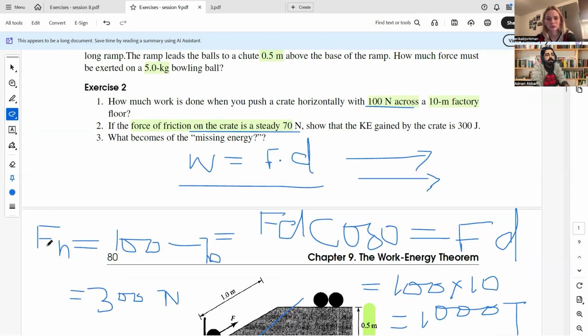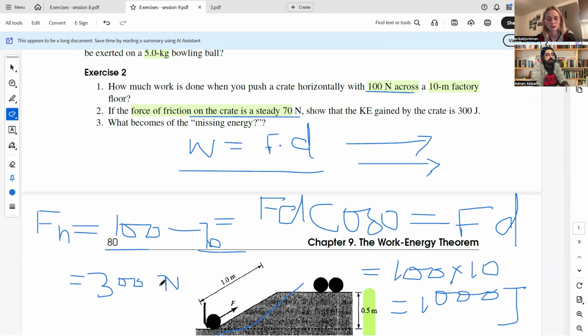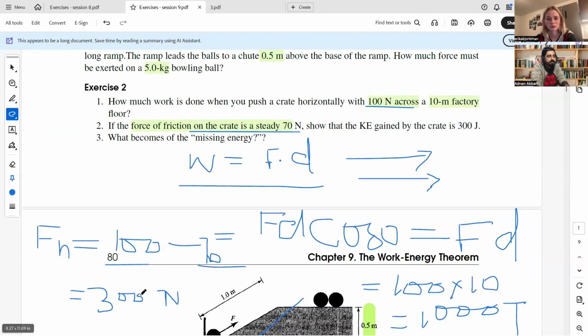So we are calculating the net force, 100 minus 70. 100 is the applied force, 70 is the force of friction, and the remaining is 30 Newton force.